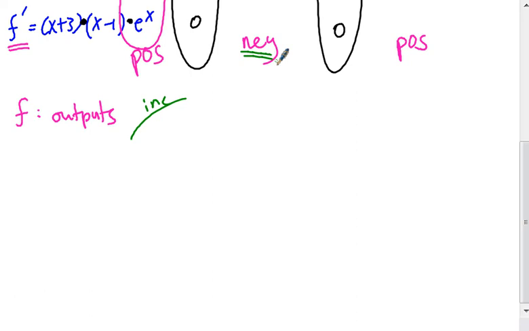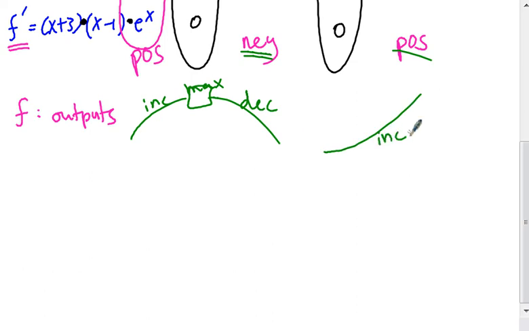Negative slope means the outputs are decreasing. And so we should expect a local max at this point. Positive slope means the outputs are increasing, and therefore we should expect a local min at this point.